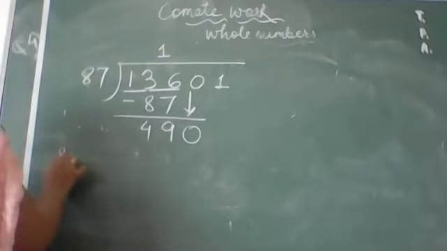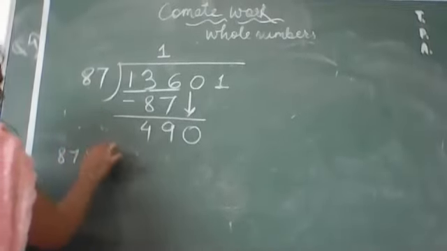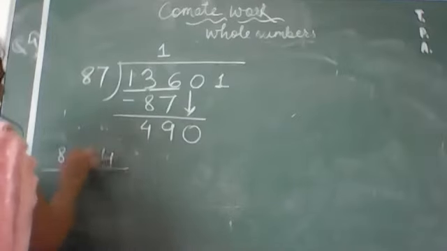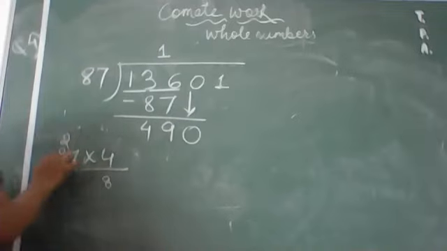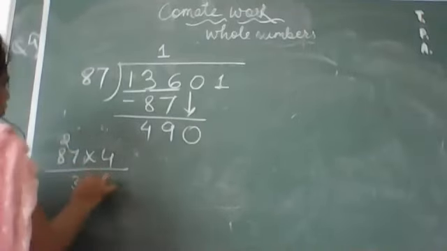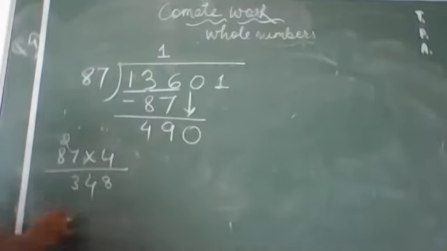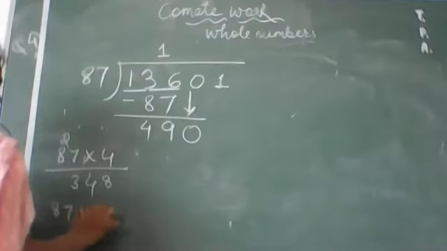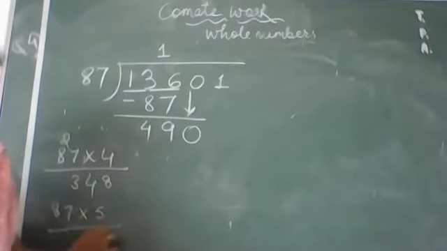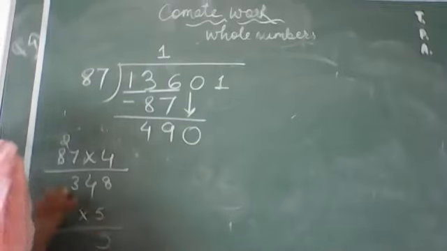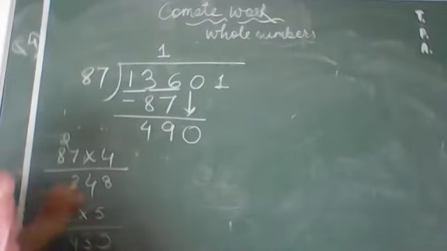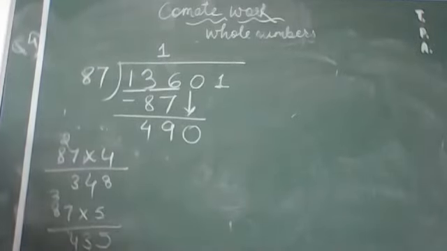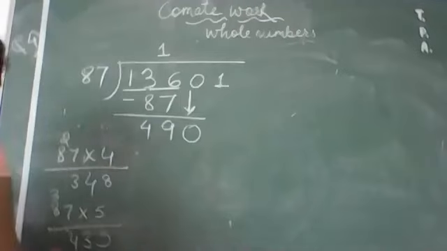Now let us see how many times it is going. 87, 4 times let me do. 7 4s are 28, carry 2, 4 8s are 32, 32 and 2 is 34, 348. Now let us do 5 times. 7 5s are 35, carry 3, 5 8s are 40 and 3 is 43, 435. Now let us try it 6 times.